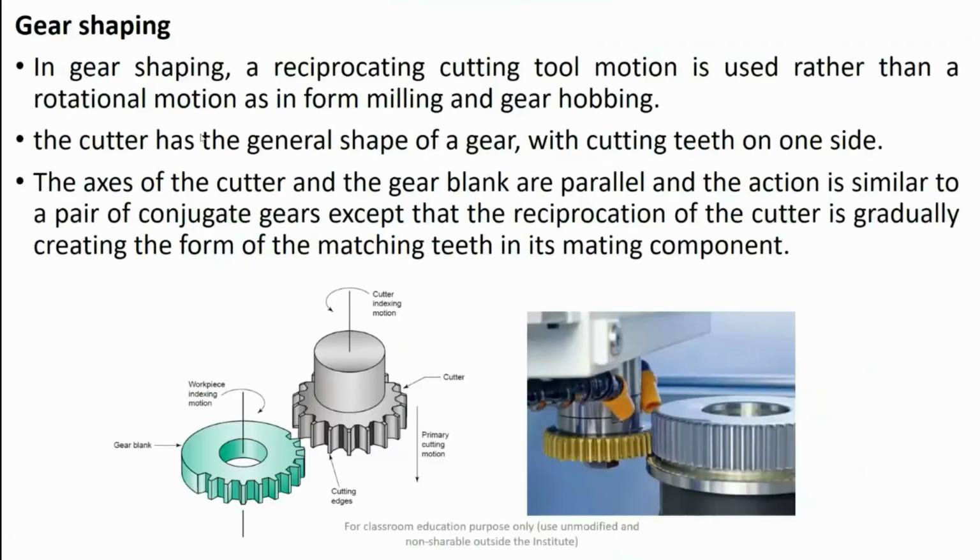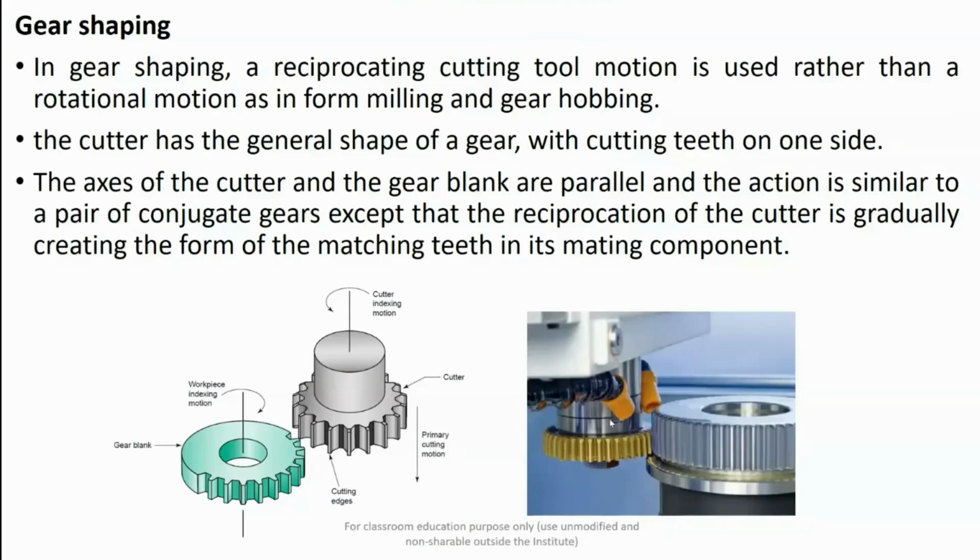In the gear shaping operation, you have a reciprocating cutting tool. This is a cutting tool which is given a reciprocating motion and also a rotary motion, and it is also given an indexing motion. The cutter has the general shape of a gear with cutting teeth on one side. If you can see in this real picture, there are the cutter teeth.